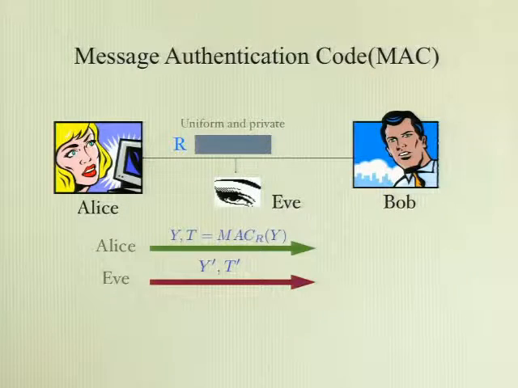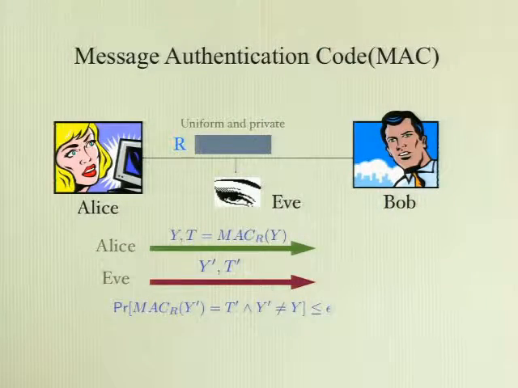But as usual, the adversary can change the message into something else. It can try to change it into some y prime and t prime. The main property that the message authentication code wants is that if the adversary does not know the shared uniform string R, then the probability that the adversary can come up with a different string y prime and also a correct tag t prime for this message y prime is small.